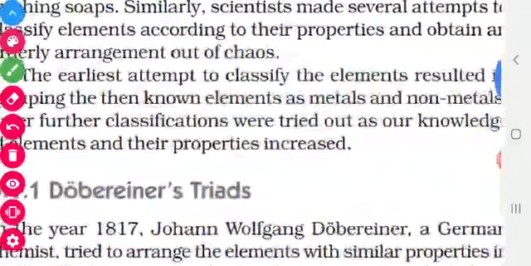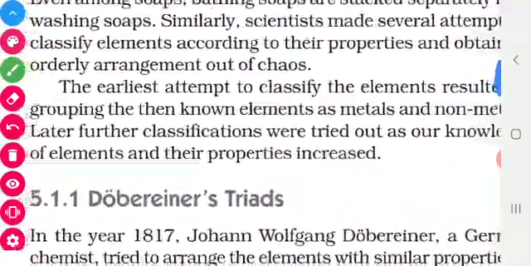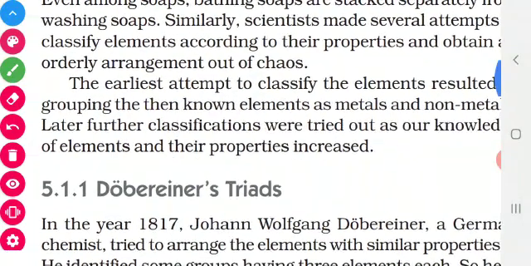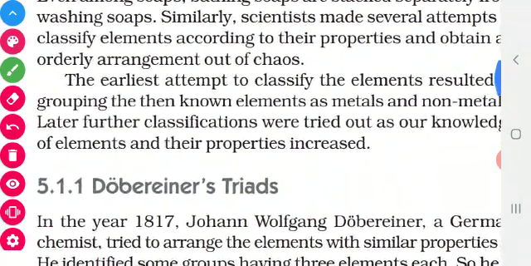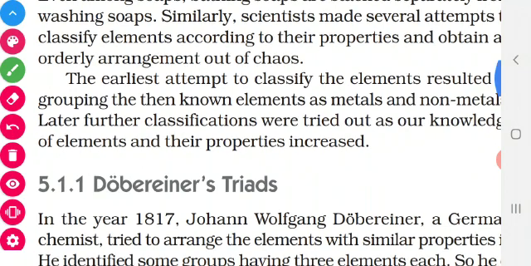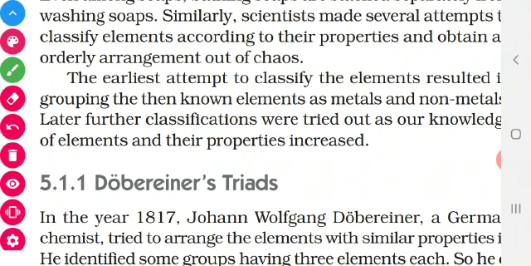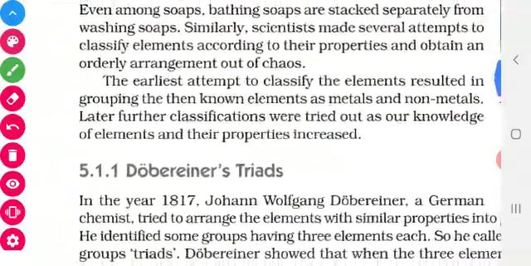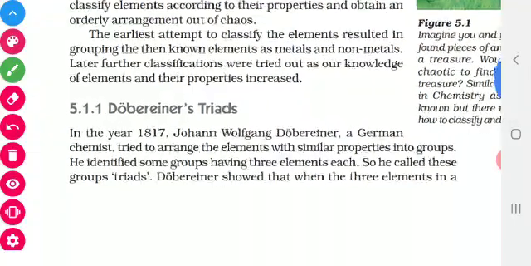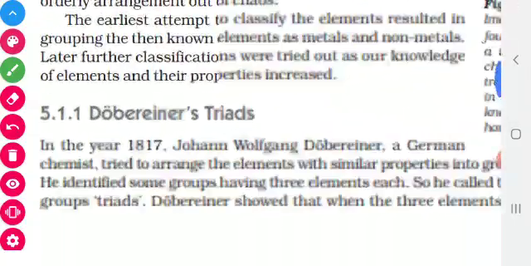The grouping was based on the classification as metals, non-metals and metalloids, because metals have similar properties, non-metals have similar properties, and metalloids have similar properties. So this is the earliest attempt. Then Dobereiner came.